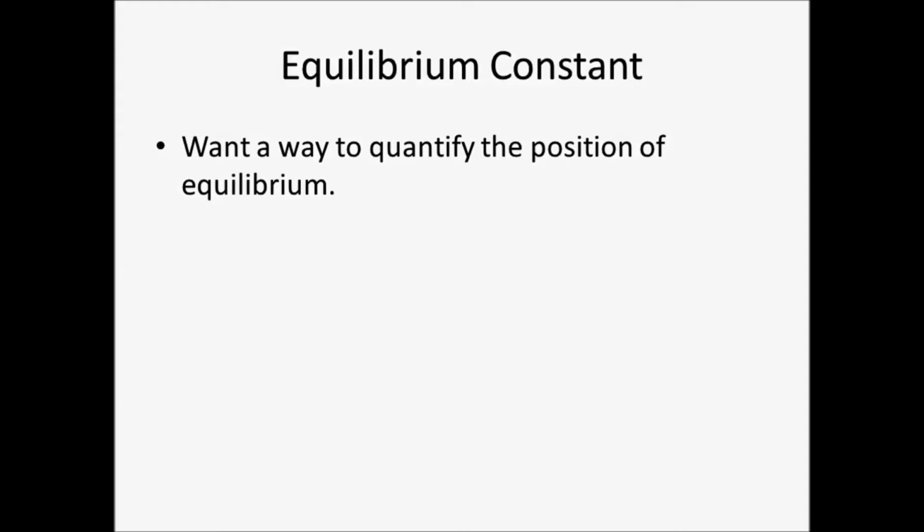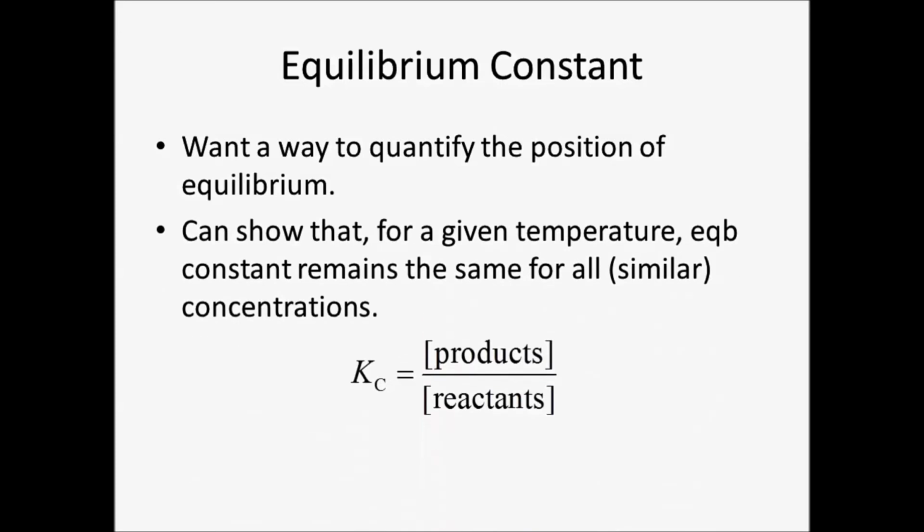To do this, we use the equilibrium constant, and we can show that for a given temperature, the equilibrium constant, at least for purposes at this level, remains the same at all concentrations that you're going to be dealing with. And the equilibrium constant is basically the concentration of products over the concentration of reactants. This is called Kc.